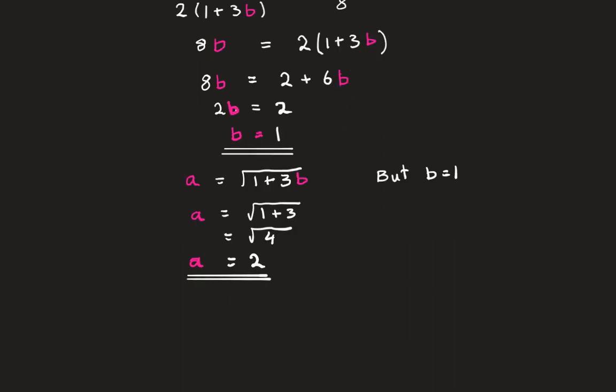And thus we were able to find our constants a and b. You might have done it slightly differently, but if you got that answer, you were on the right track.